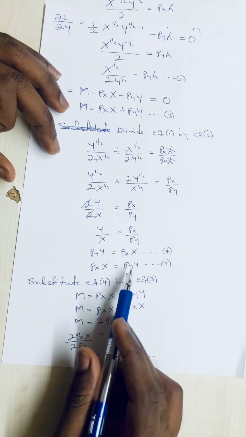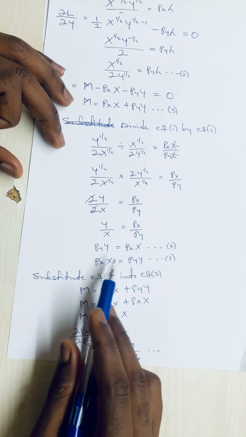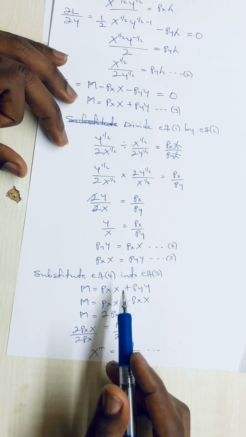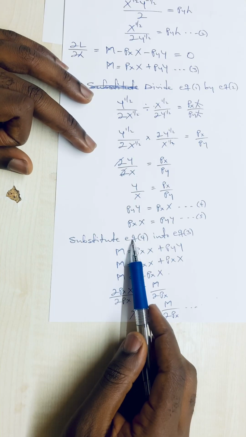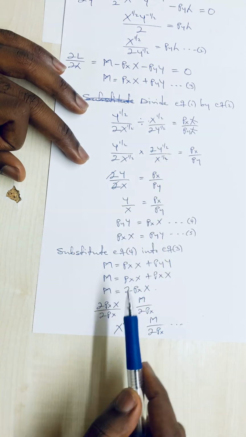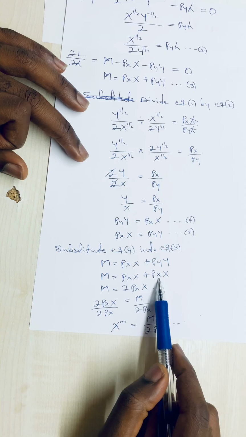So you cross multiply. This gives you PY y equals PX x. Now this can also be written as PX x equals PY y. So you substitute this equation 4 into equation 3. Equation 3 is this, so where you see PY y, you put PX x there.